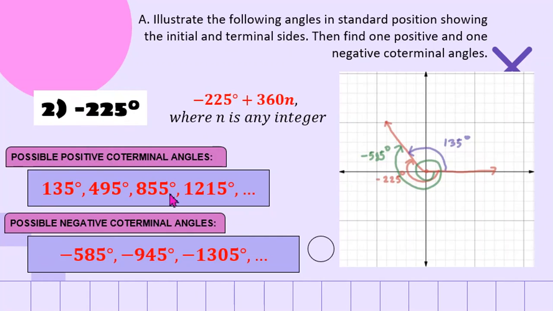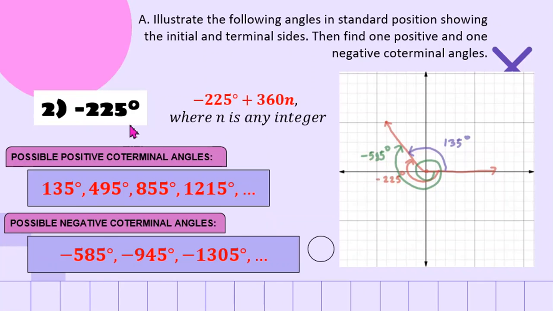Use your calculators, or you can do it manually. That's 135 degrees. Add another 360, that's 495 degrees. Add another 360 degrees, that's 855 degrees, and so on and so forth.